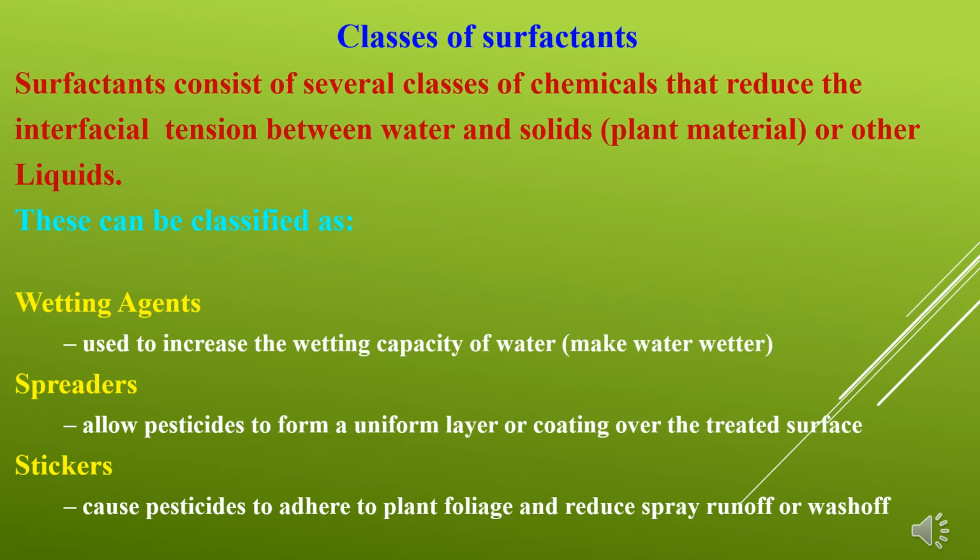Wetting agents are used to increase the wetting capacity of water, meaning they make water wetter, whereas spreaders allow pesticide to form a uniform layer or coating over the treated surface. And stickers cause pesticide to adhere to plant foliage and reduce spray runoff or wash off.